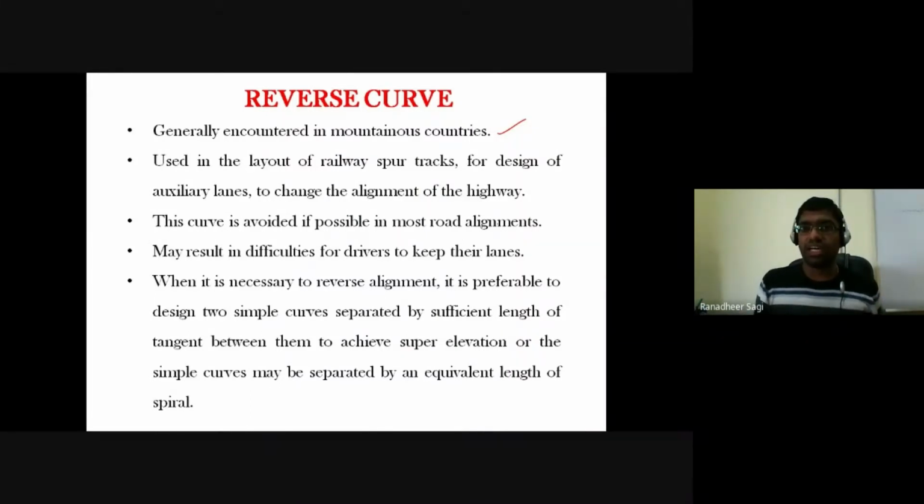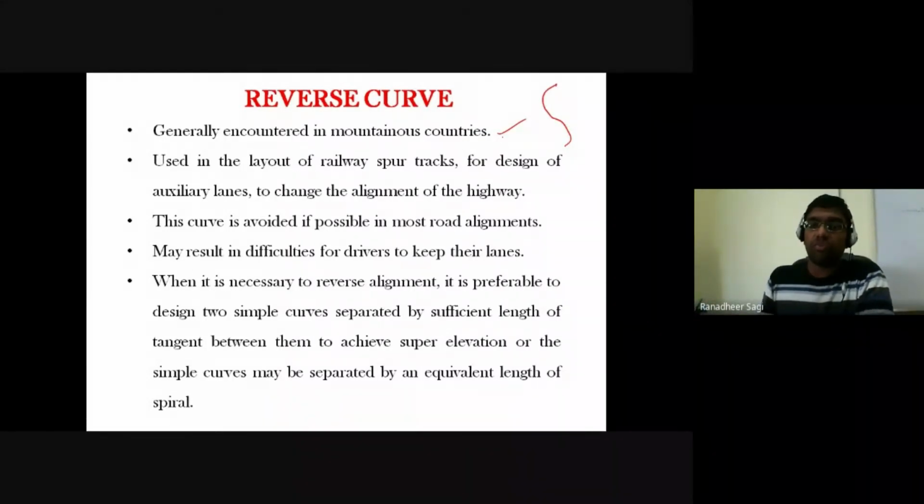Rather, the nature of the alignment or the topography of that region forces you to prefer a reverse curve, though you might not be interested in it.